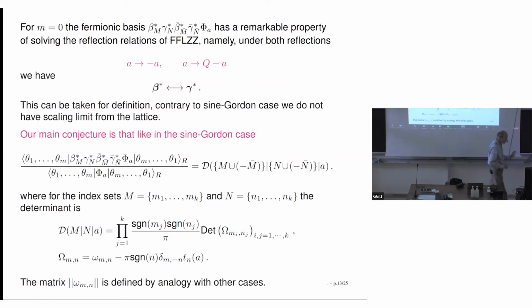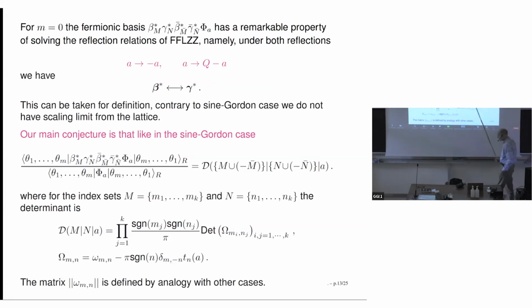So this is a basis which respects both symmetries, and this is what was called by Lukyanov, Molodchikov, Fateev the reflection relations. In some sense, my fermions solve the reflection relations. But this is a purely algebraic property.